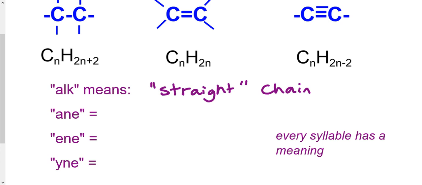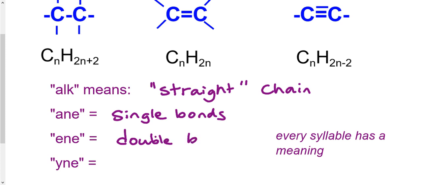Ane, ene, or ine will refer to the type of bonding. Ane means that we're going to have all single bonds between the carbon atoms. Ene means that we're going to have at least one double bond. And if it ends in ine, that means there's at least one triple bond.